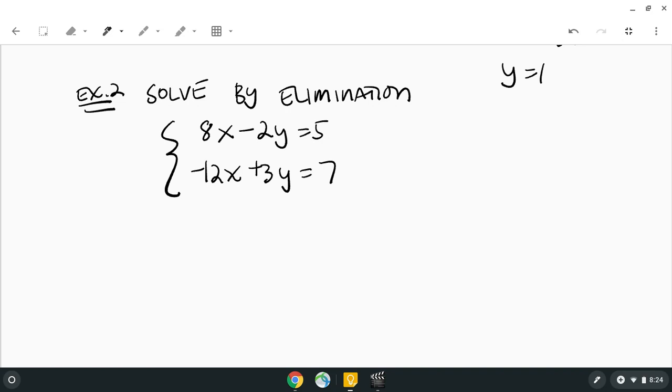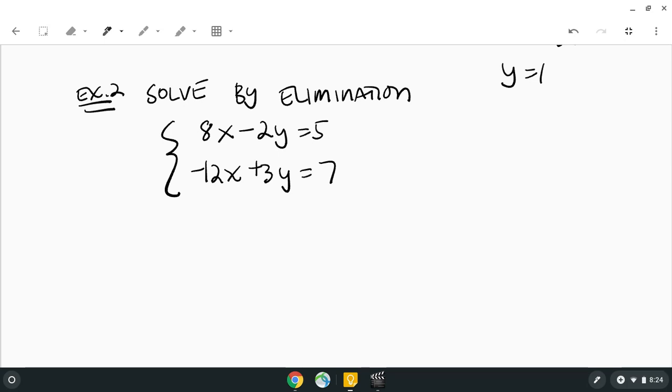So we can see here if I add these two equations together, 8 and -12, that's not going to cancel. -2y plus 3y, that's not going to cancel. So I don't end up eliminating any of my variables if I add these two right off the bat.